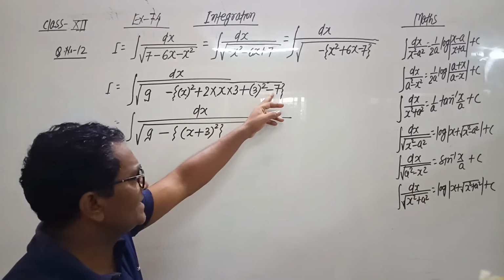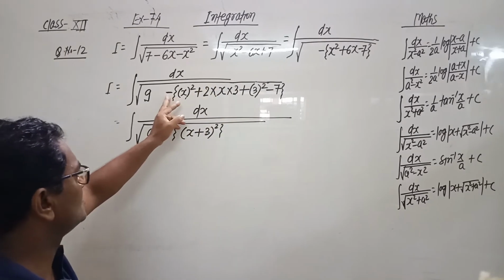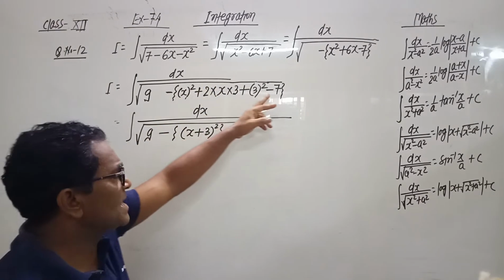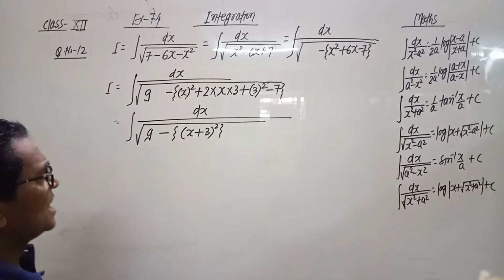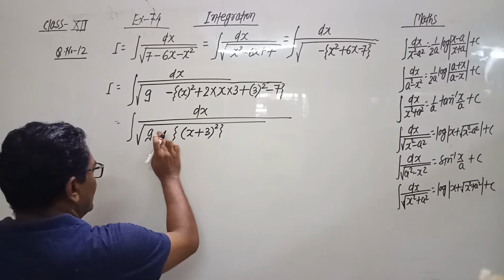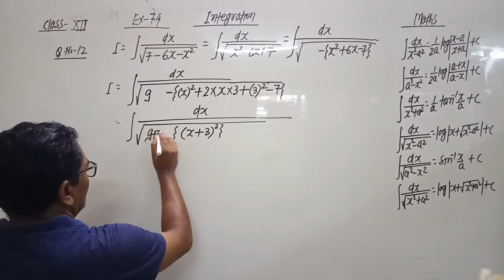Now there is minus 7 and outside there is also minus, so minus becomes plus, and here we write plus 7 in the beginning.